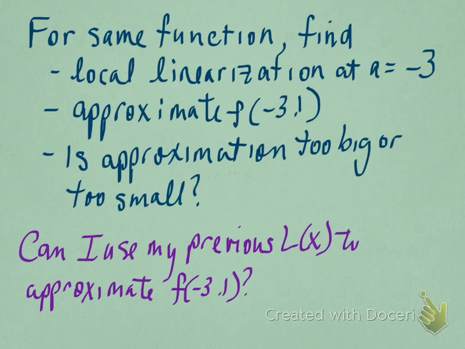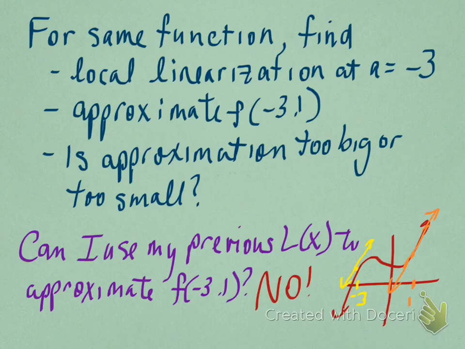The first thing you should ask yourself is, can I just use my previous local linearization to approximate f of negative 3.1? And the answer is a big fat no, absolutely not. You cannot do that. Why? Remember, the local linearization is local. It only works for points that are really close to 1.